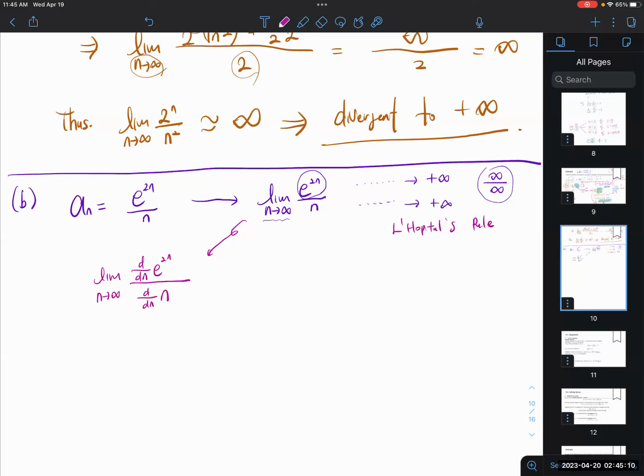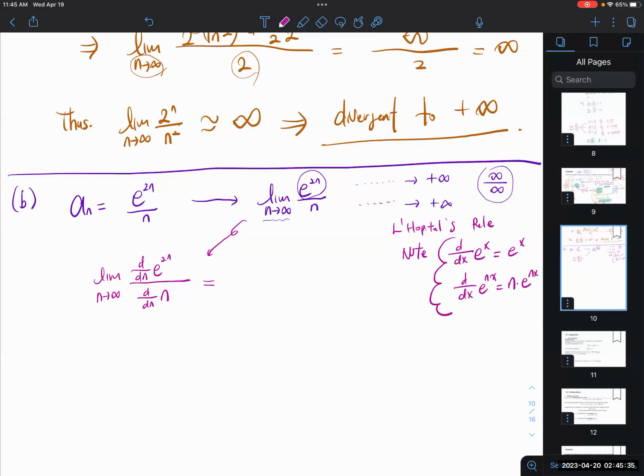We are taking the derivative top and bottom separately because it is L'Hopital's rule, right? A little bit of a note: d/dx of e^x, if you remember, is e^x. d/dx of e^(nx) is n times e^(nx). So this is the note.